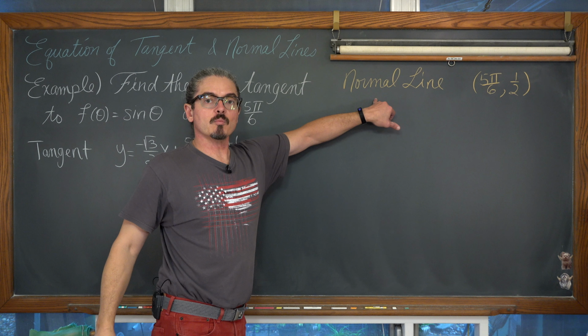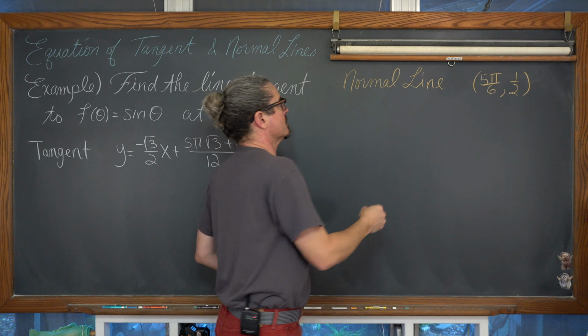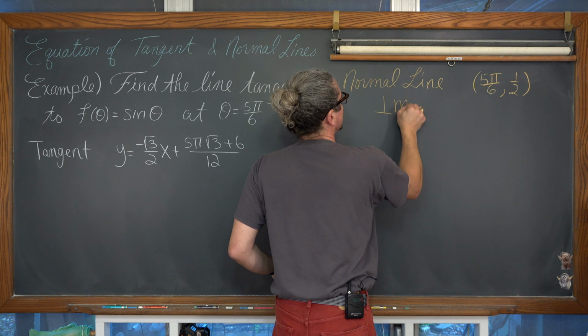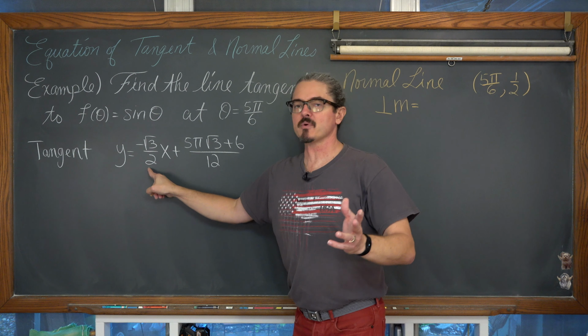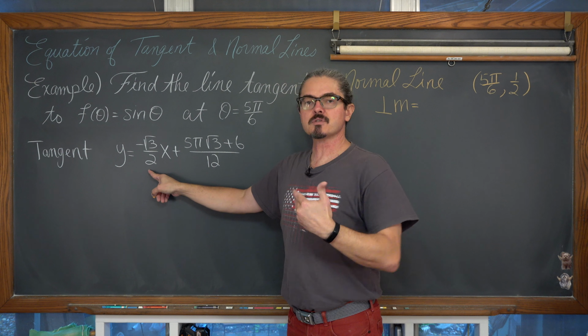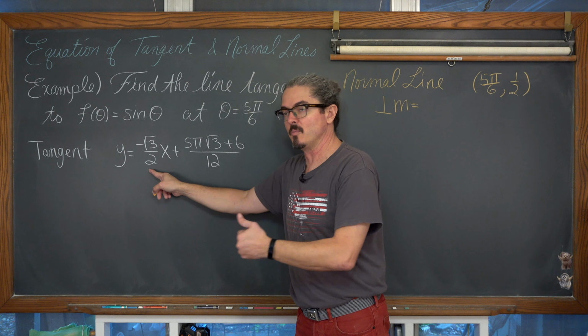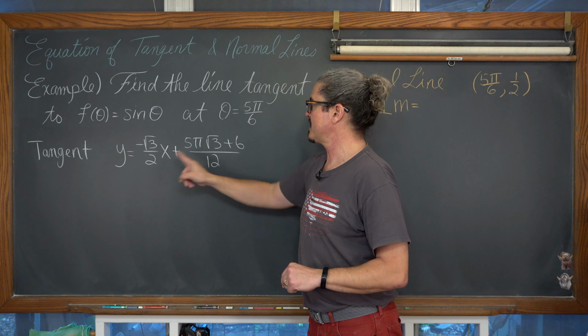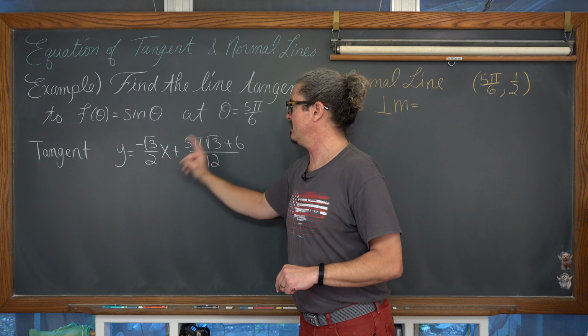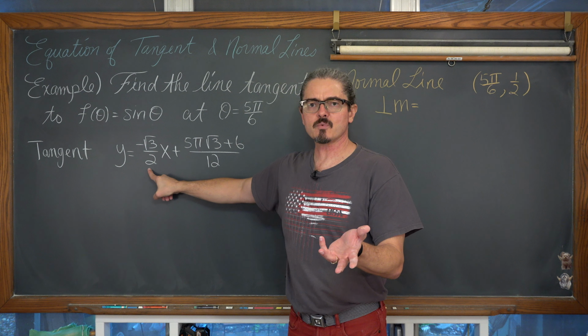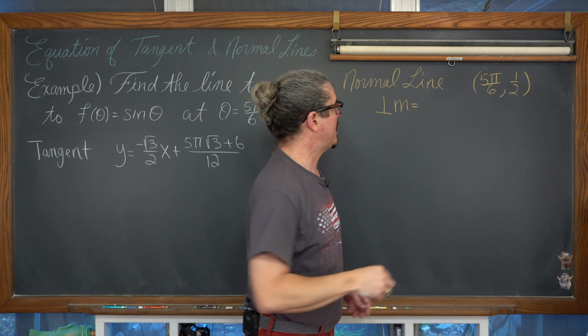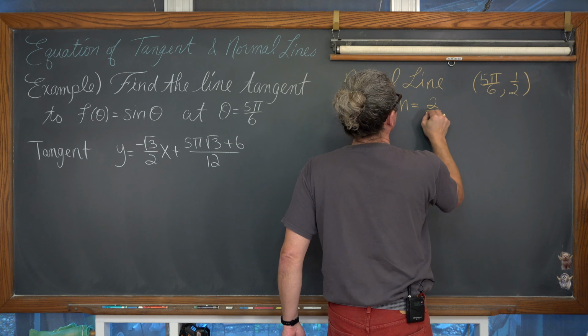But for the normal line, understanding now that it's perpendicular, our perpendicular slope is the opposite reciprocal of the slope of the tangent line, or the slope of that function at the domain value 5 pi over 6. So the opposite reciprocal of negative square root of 3 over 2 is positive 2 over square root of 3.